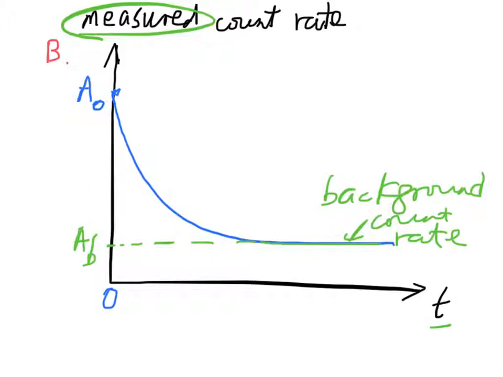Mathematically, the half-life is found by using the time interval for the measured count rate to drop from A naught to (A naught plus A_B) over 2. This is the half-life.